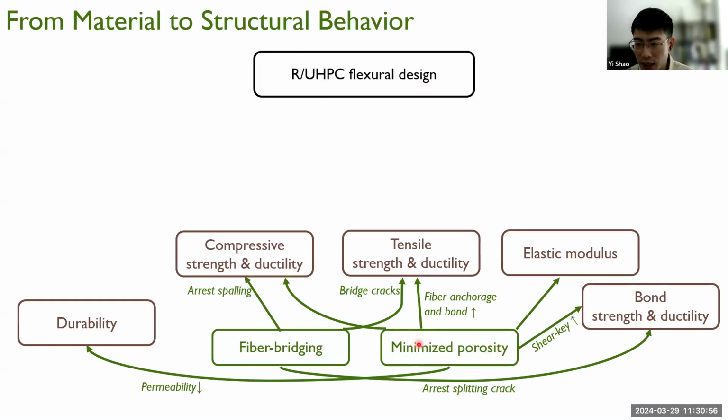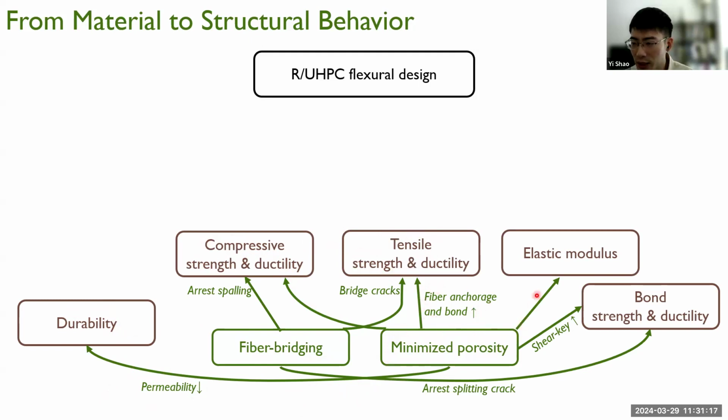So we can see that the minimized porosity will significantly reduce the permeability in UHPC and enhance the durability. The minimized porosity will increase the compressive strength of UHPC to enhance the cracking strength of UHPC, as well as anchorage and bond of fibers.